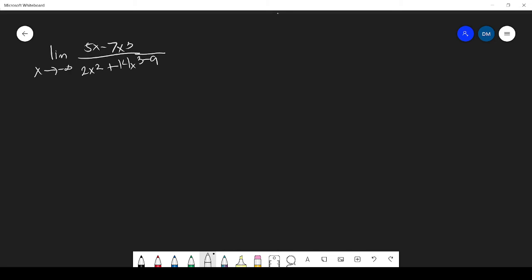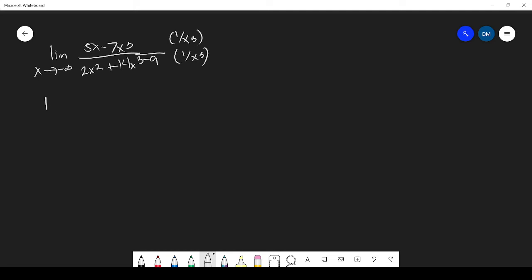So, pwede natin gawin yung ginawa natin kanina. Gamitin lang natin yung ginawa natin kanina na process. That is, ginawa nating rational yung lahat ng terms natin. So, to do that, kailangan matanggal yung lahat ng x sa numerator natin. We multiply both the numerator and the denominator by 1 over x cubed.